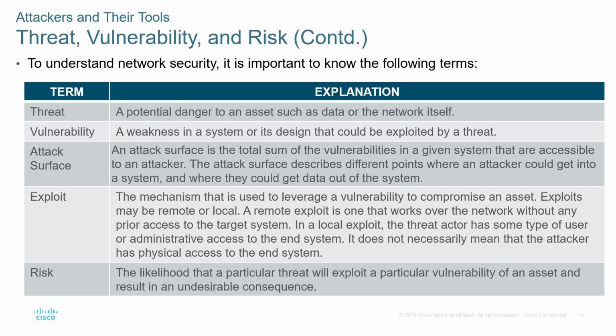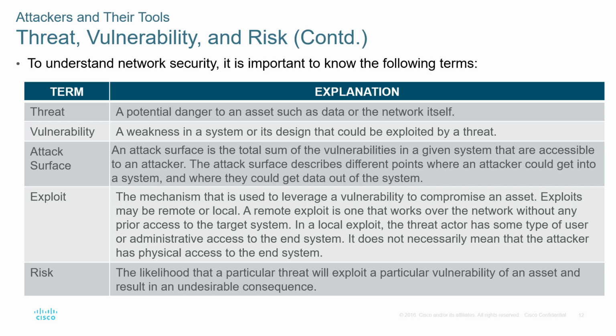The attack surface is basically the total sum of vulnerabilities for a given system that are accessible. Basically, that's going to be more of the exposure. The more exposure of an asset, the more likely it is to be targeted, because there's more exposure, so that's more surface space for an attacker to attack.